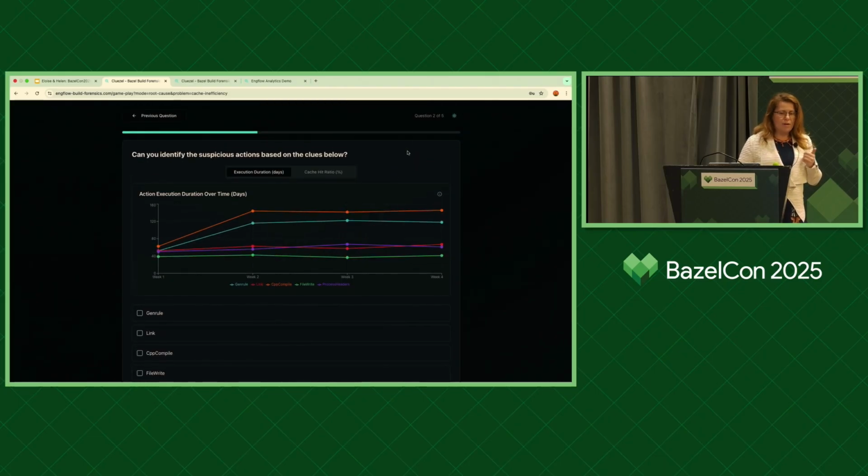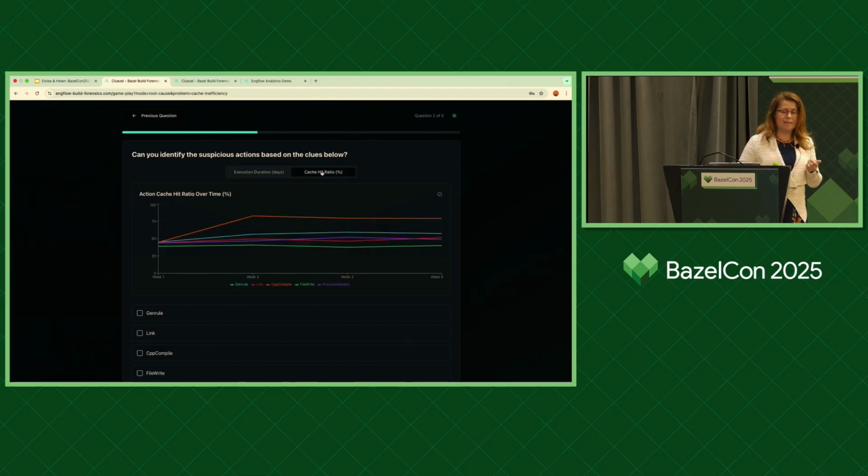It is also often helpful to compare based on additional data sets, so execution duration over time and cache hit rate over time. Again, where can you find this data? You can find this data in the execution log, as well as the RBE profile. Looking at this chart, you can see a quite sharp increase in time, specifically for the CPP compile action as well as general.